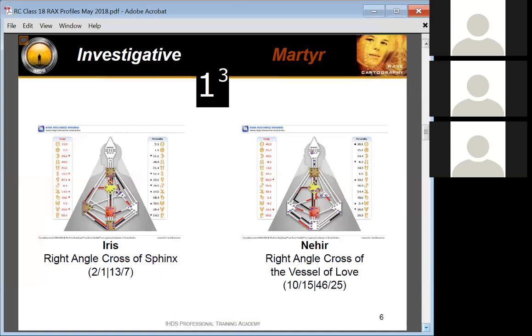And yet she's coming in with her foot in her cross, grounded in the 10th gate of behavior, the perfect behavior and love of self, very much centered in her case also with the sacral center in response. But you can have a right angle cross of the vessel of love and not be a generator. You can have all kinds of configurations, but these are the gates. And this is what you're discovering. This is what you're investigating.